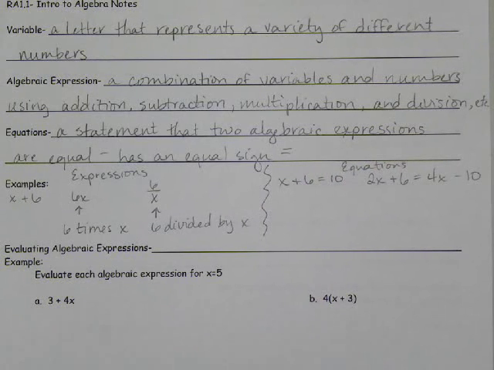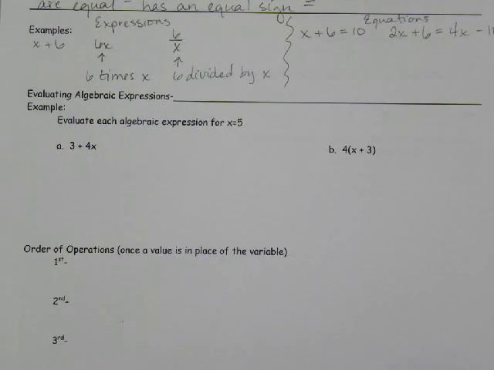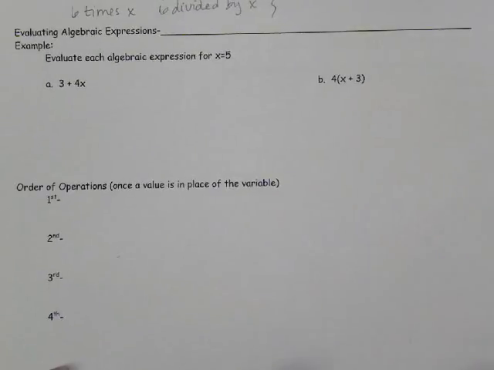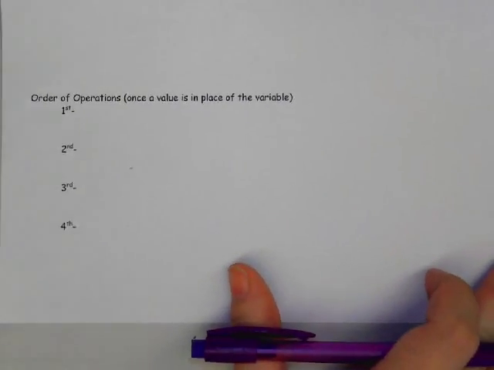So we're going to get to evaluating algebraic expressions, but before we do that, I want to jump down to the order of operations. Once you have a value in place of a variable, you need to follow the order of operations, and that's simply doing the math.